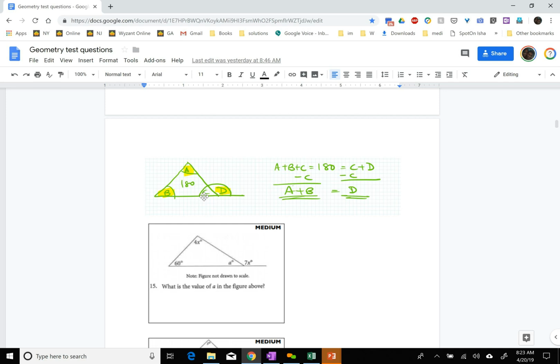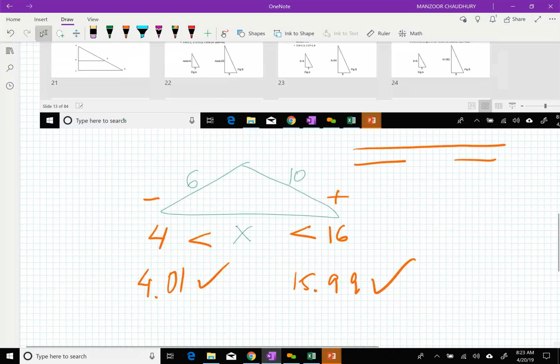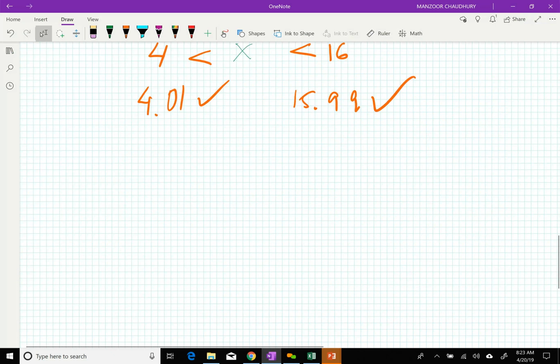Angle A, B, and C is 180. And C and D is a straight line. That's also 180. What does that mean? That means if you subtract C from both sides, A plus B is D.